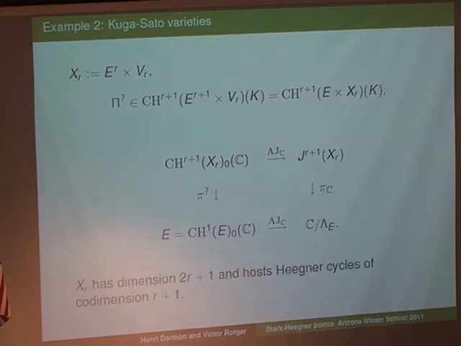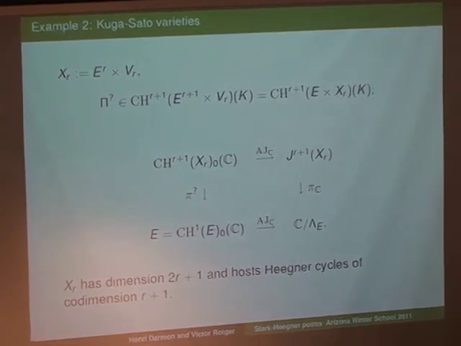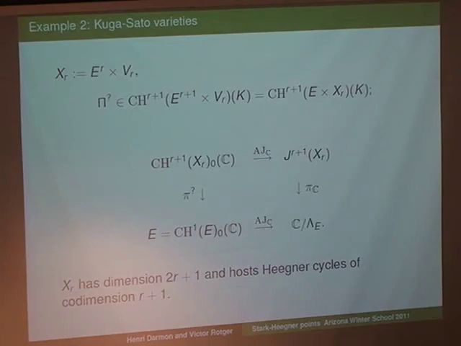And just to keep track of the numerology, X_R has dimension 2R plus 1. And the important thing is that there is a natural way of generalizing Heegner points to Heegner cycles here. These are Heegner cycles which are of the right codimension, and you can map them down and obtain points on your elliptic curve. And I think I will stop here.